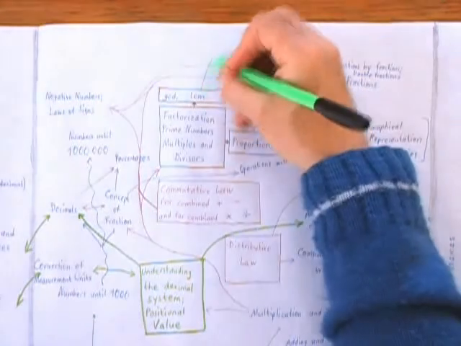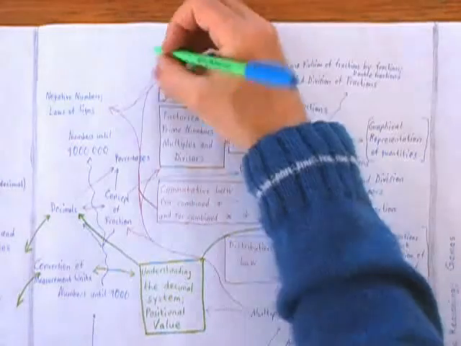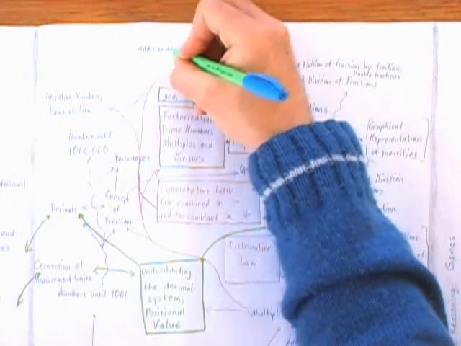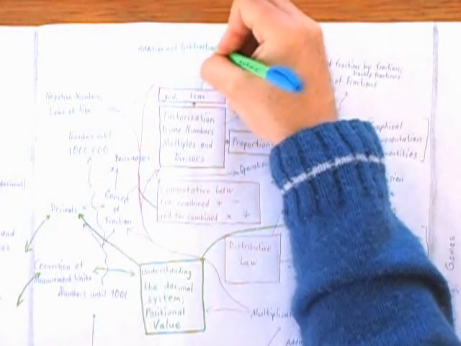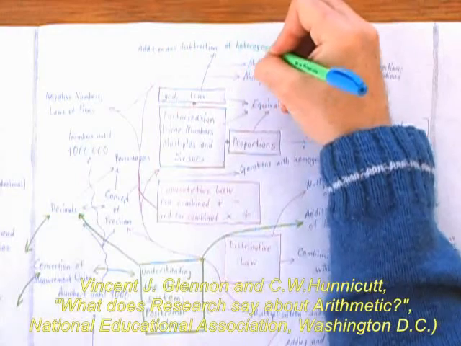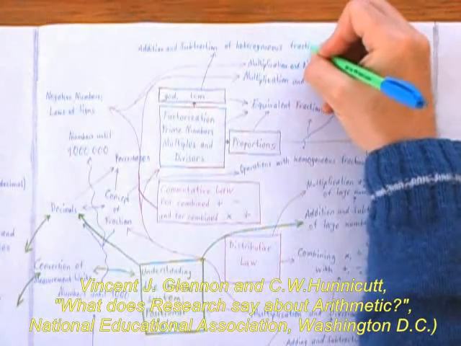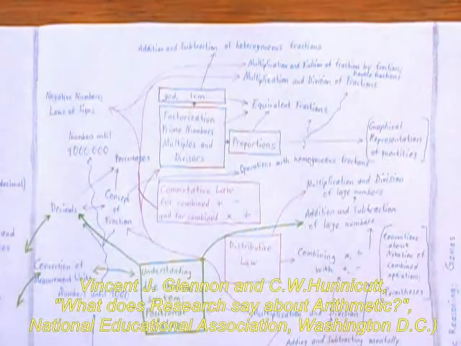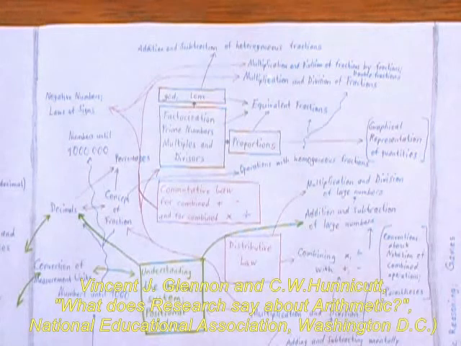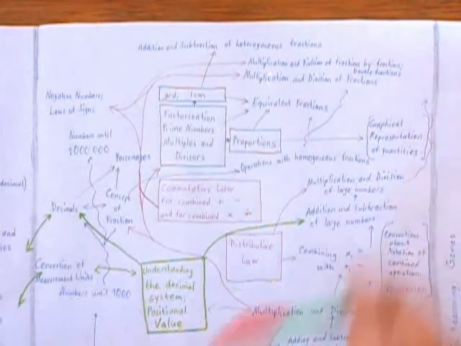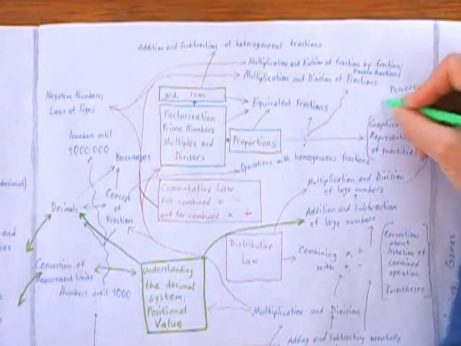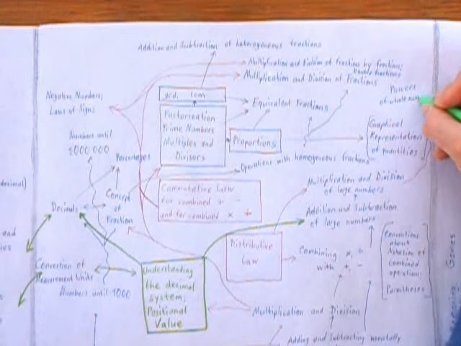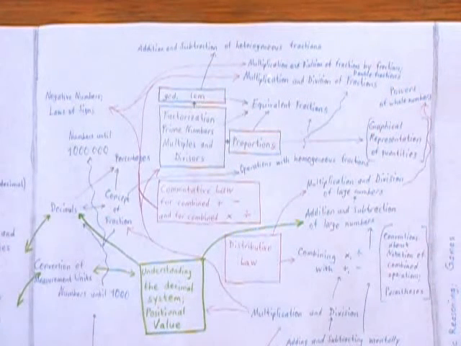Addition of heterogeneous fractions is an even more advanced topic, although it appears in almost all curricula for primary education. But an investigation found that in order to actually understand addition of heterogeneous fractions, a mental age of 14 to 15 years is required. We could include also powers of whole numbers. There are some practical ways to visualize this with concrete materials.